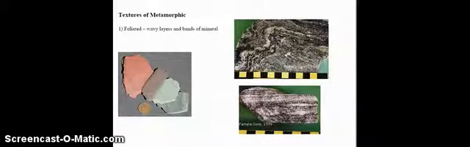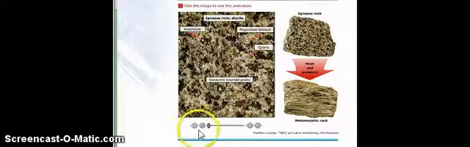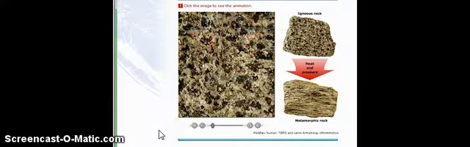Okay, our textures for metamorphic rocks are pretty simple. You're either going to be foliated or non-foliated. Foliated are wavy layers or bands in the rock, and the way those bands are going to be produced is through that heat and pressure. So if we take a quick look at this animation here, we can see that we're starting out with the igneous rock diorite, and again, we go through metamorphism.